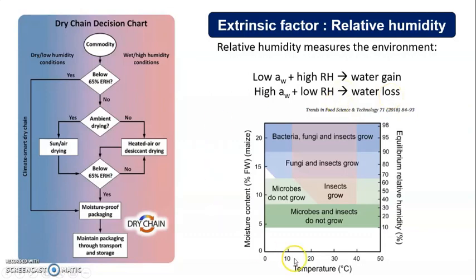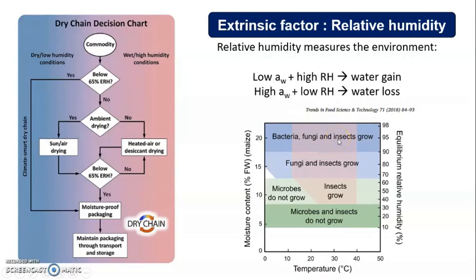This figure I obtained from a journal that I cited here really best represents the relationship between moisture content, relative humidity, and also the temperature. So the take-home message from this is that you can see that the higher the relative humidity, most microbes will grow in this region.